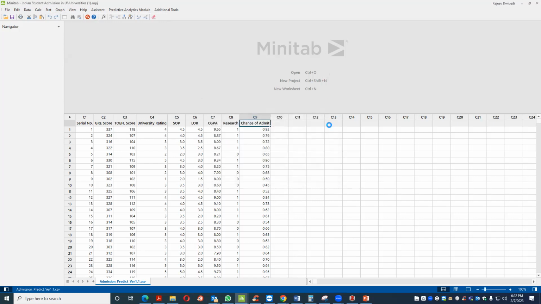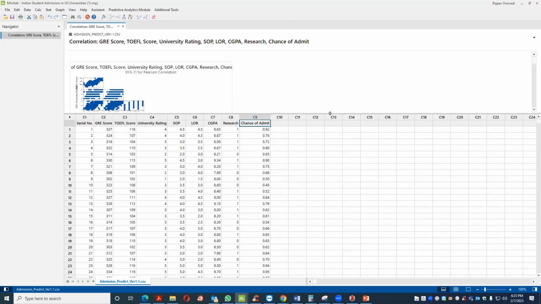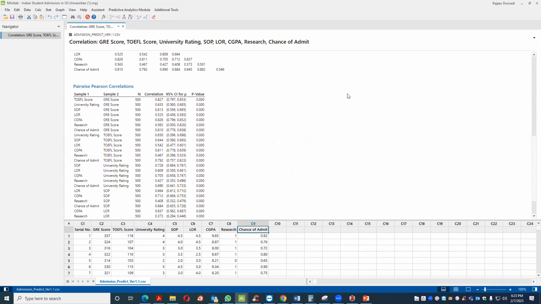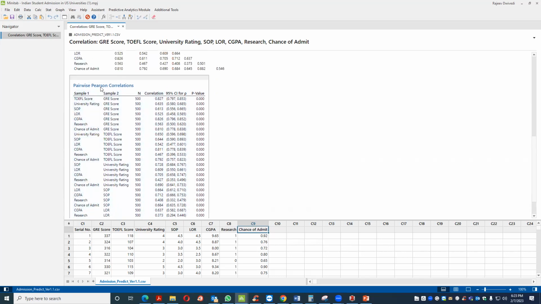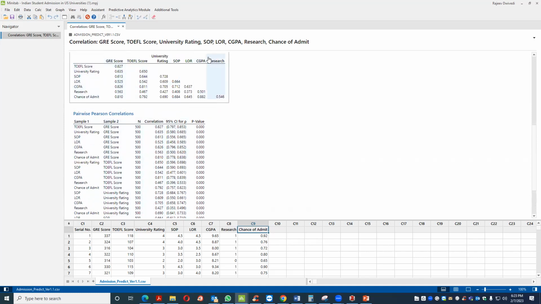So we will get the pairwise matrix. So this is a pair, TOEFL and GRE, university rating and GRE, and you can see this is all permutation combination of two variables, pairwise correlation, and this is the correlation matrix.